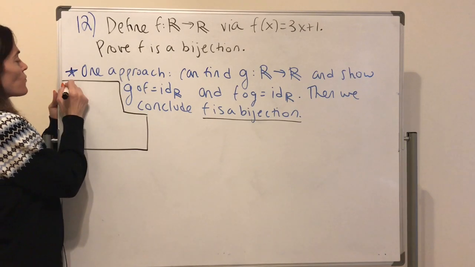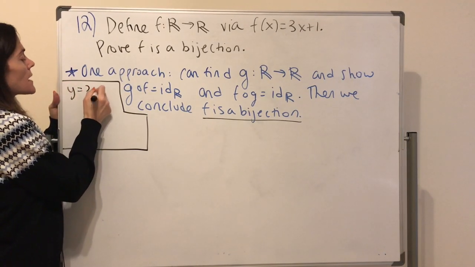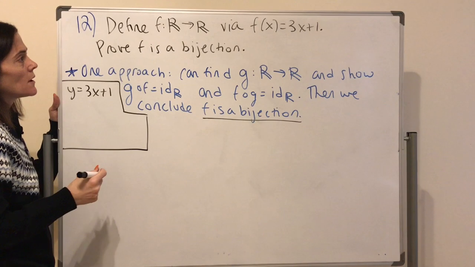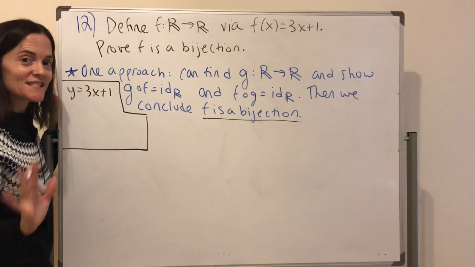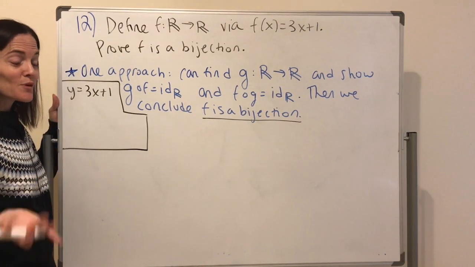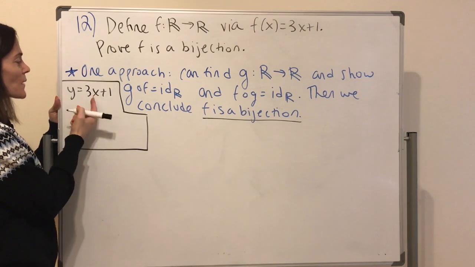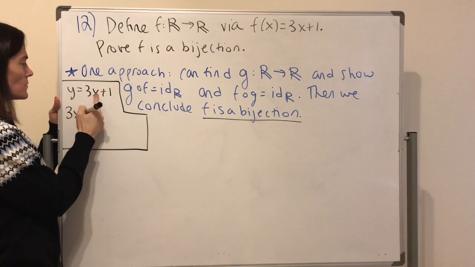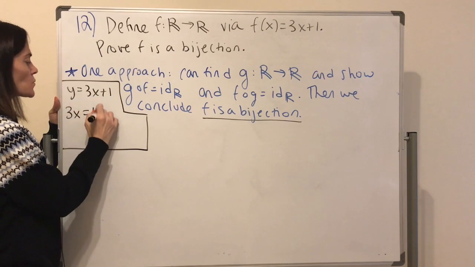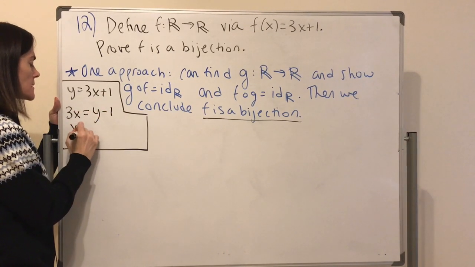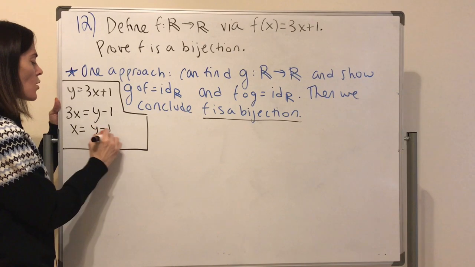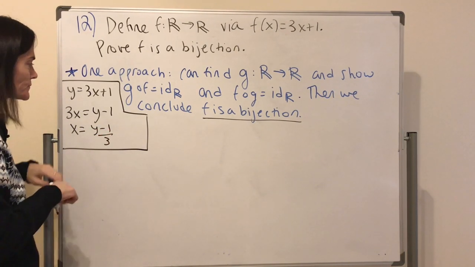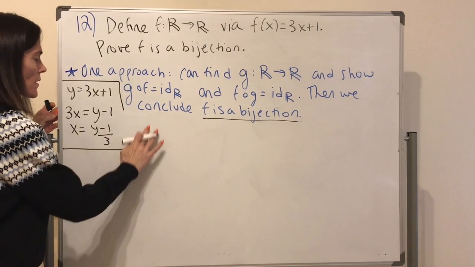So if we have y is 3x plus 1, what I'm trying to do is find g that goes in the other direction to prove f is a bijection. Well, I would just solve for x. So I have 3x would be y minus 1, and then x is y minus 1 over 3, like this. And then I don't even need this part.